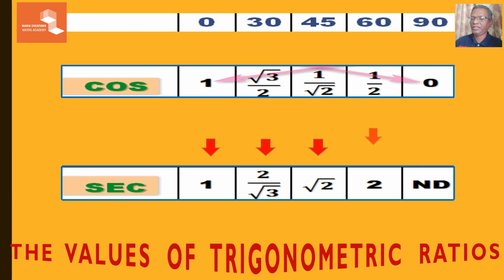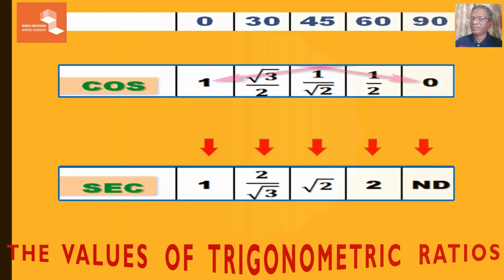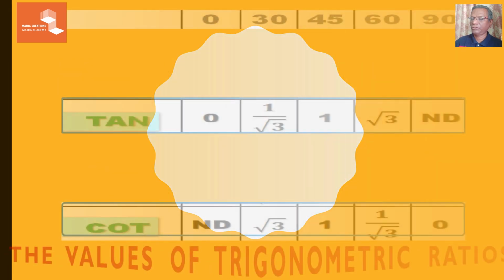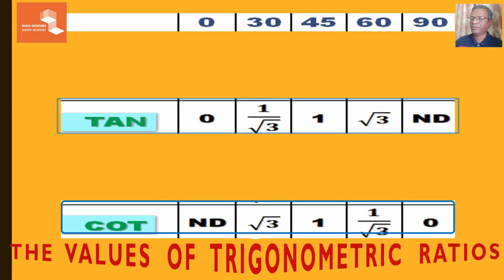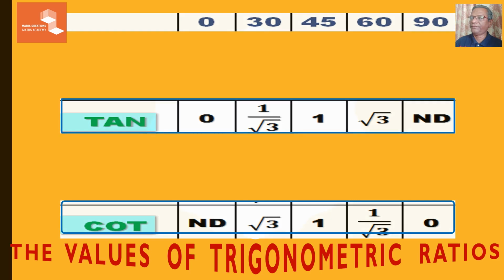Secant 60 degree is the reciprocal of cos 60 degree. That is reciprocal of 1 by 2. That is 2. Secant 90 degree is the reciprocal of cos 90 degree. That is reciprocal of 0. That is 1 by 0. Hence, secant 90 degree is undefined.